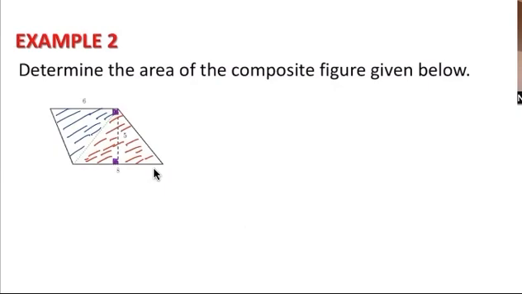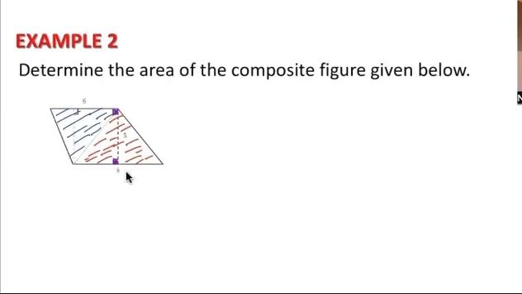And if the lines are parallel, the distance between the parallel lines is always the same. So if we want to know the height of this triangle here, you can clearly see it is 5. Similarly, the height of the triangle shown here in blue will also be 5.